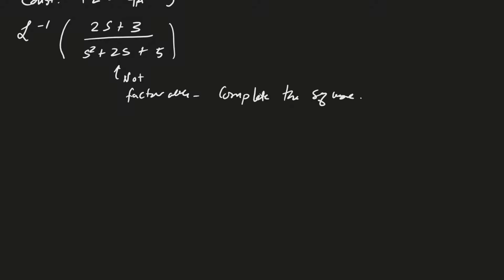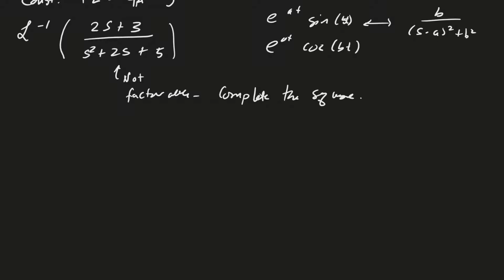And so the idea is that we're going to be using table entries 6 and 7, and just to write them up here real quick, that's e to the at sine of bt goes back and forth between b over s minus a squared plus b squared, and e to the at cosine of bt is s minus a over s minus a squared plus b squared.